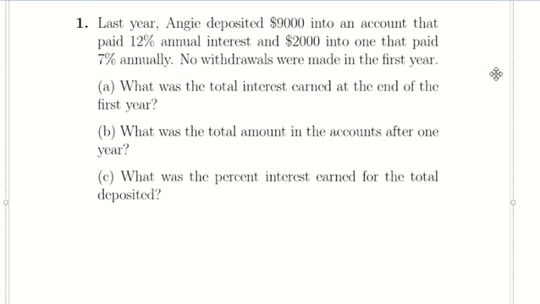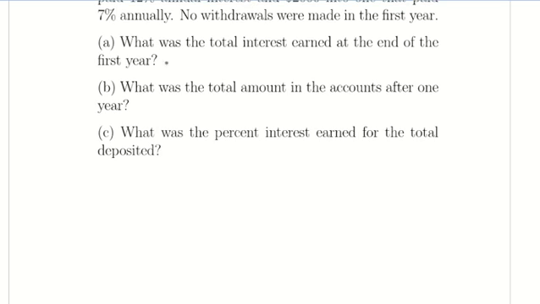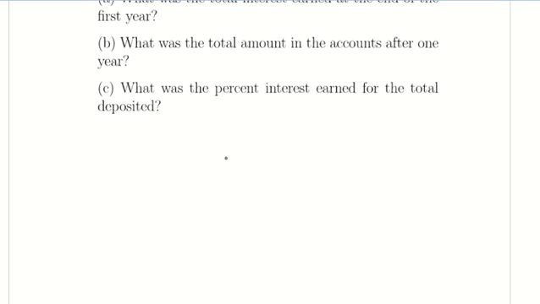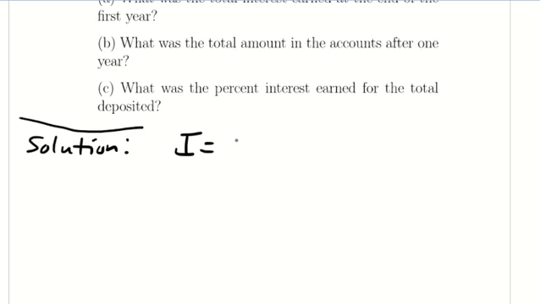So we're going to see what the total interest she got in that year was, what the total amount will be in the account, and what is the percent interest relative to the amount deposited. So this all involves what's called simple interest, which is like a distance equals rate times time formula.